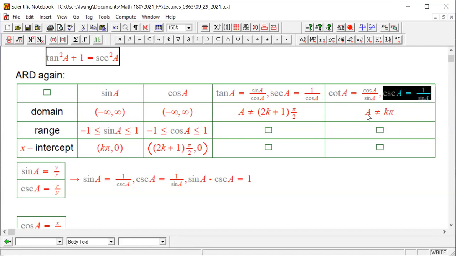If they're both satisfied, that means the angle cannot be a multiple of pi. These assumptions are usually made by default. Are these defaults always mentioned? Not necessarily in the textbook, but we need to be aware of it.